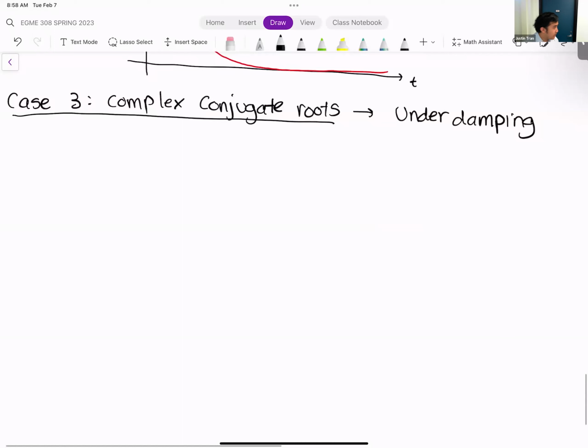This is the last case I think we talked about at the very end of class on Thursday. In these cases, you do have oscillations, so the sine and cosine terms are there, but you have a decaying magnitude. Visually, it looks like a decaying sinusoid.